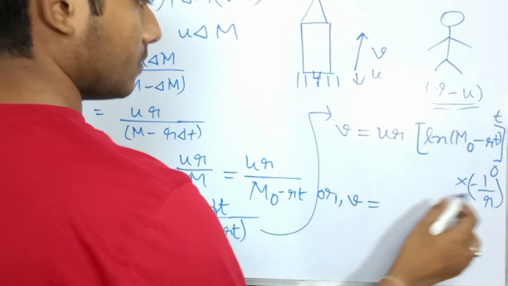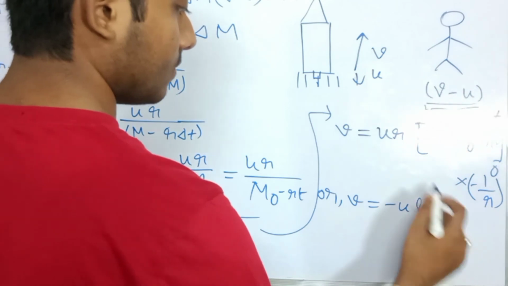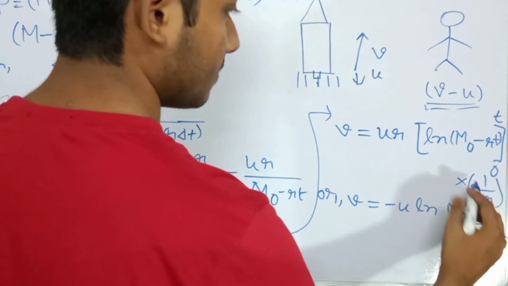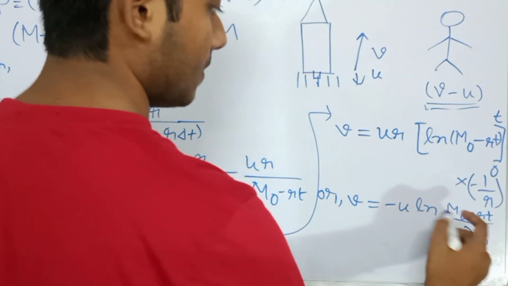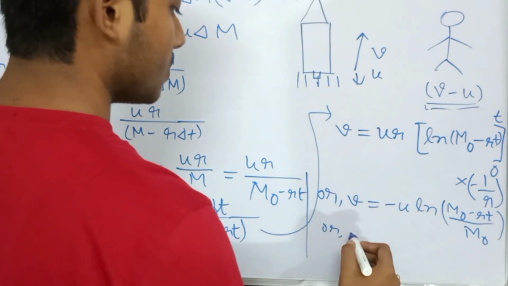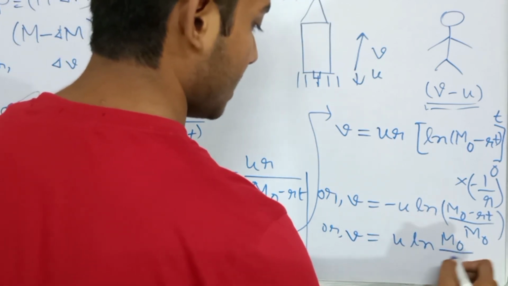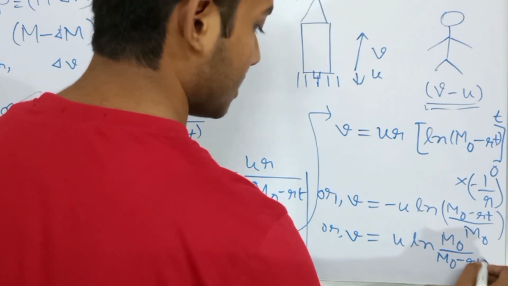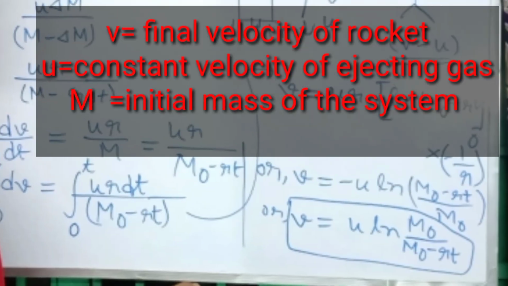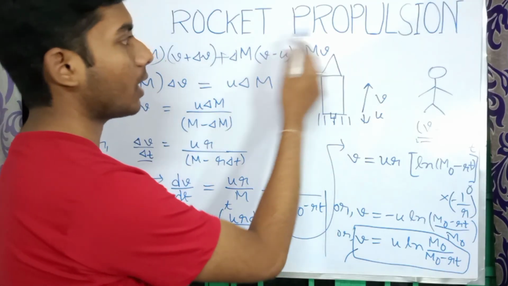This will be equal to minus u ln of m0 minus r t by m0 when we put the limit. And if we take the minus sign inside the ln, this will be v equals u ln m0 by m0 minus r t. So this is our equation of rocket propulsion.